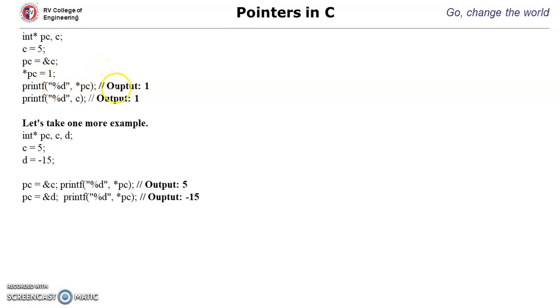That's why the output of star PC will be 1 as well as C will also be 1.